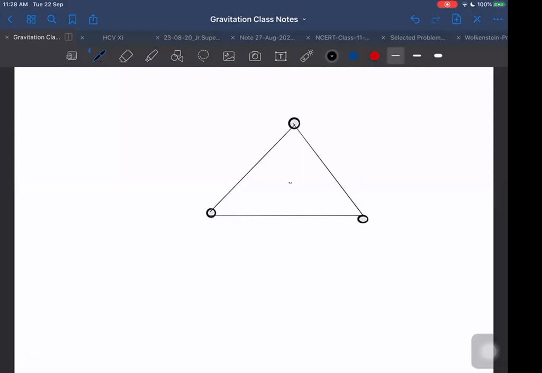I think we know that at some point, the fields may cancel each other. That may happen in a triangle. Yes, sir. If I take M1, M2 and M3, then the fields in the middle may cancel somewhere. Where these will cancel is a different story. It will be difficult to find out. But somewhere there will be some point where this will cancel. Where this will cancel is not easy, I think. That will be slightly tough.